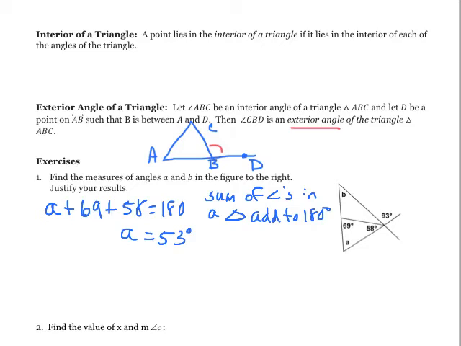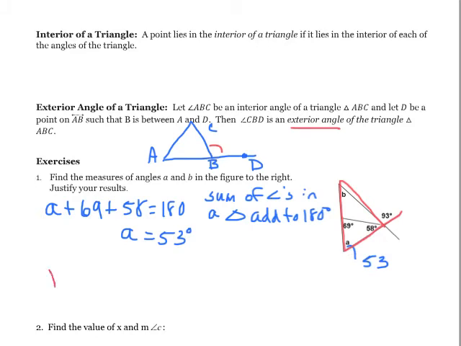So once you have that, then I can use the exterior angle theorem, because this triangle has an exterior angle to it. So I can say 93 is equal to B plus A, because the exterior angle is equal to the sum of the two remote interior angles.